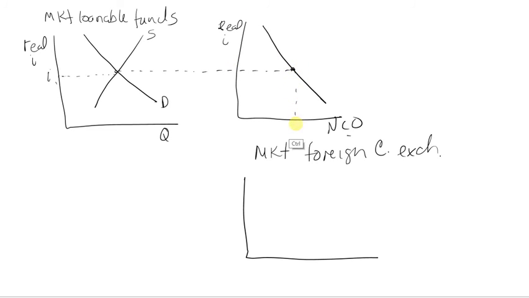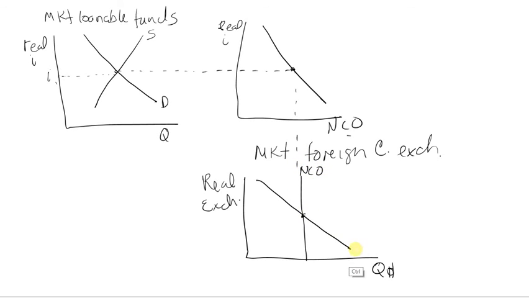And that's going to give us the supply of funds in the foreign currency exchange market, right? And here we have the real exchange rate. And here we have the quantity of dollars supplied, okay? So this is from NCO, the supply, and this would be from NX, the demand. And this is the equilibrium real exchange rate, okay?